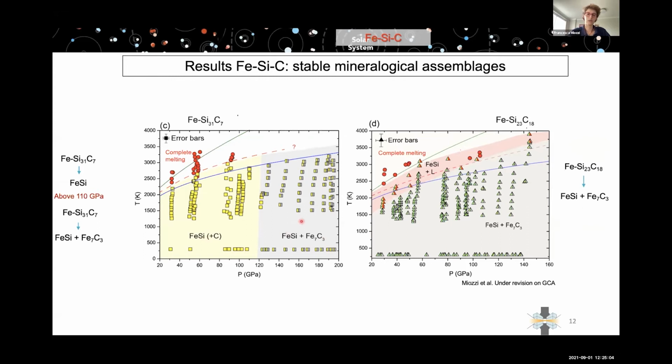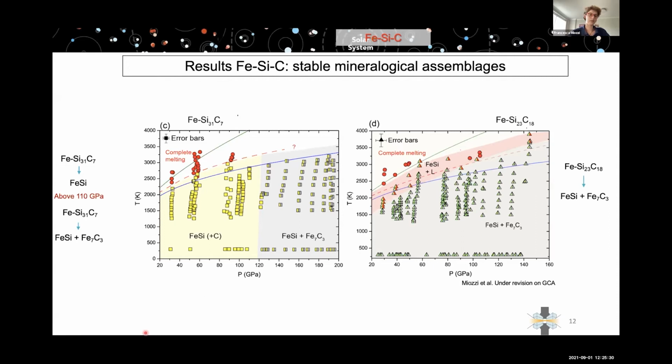And then we have the exsolution of Fe7C3 as the iron carbide after 110 GPa. Finally, in the sample with the highest light element content, we have the stability of FeSi plus Fe7C3 in all the pressure range. So we have 4 compositions, and each one displays its own particularity.